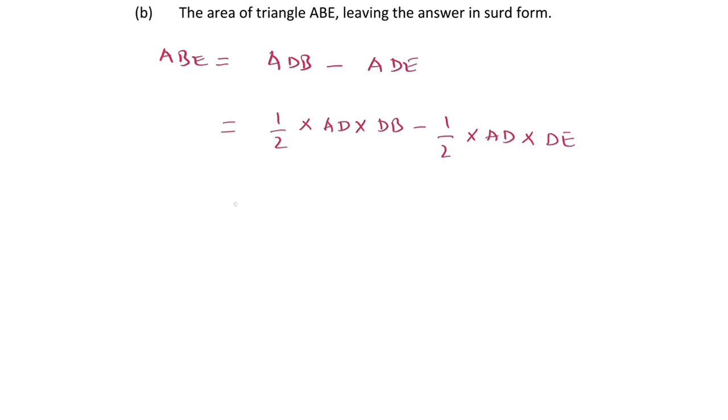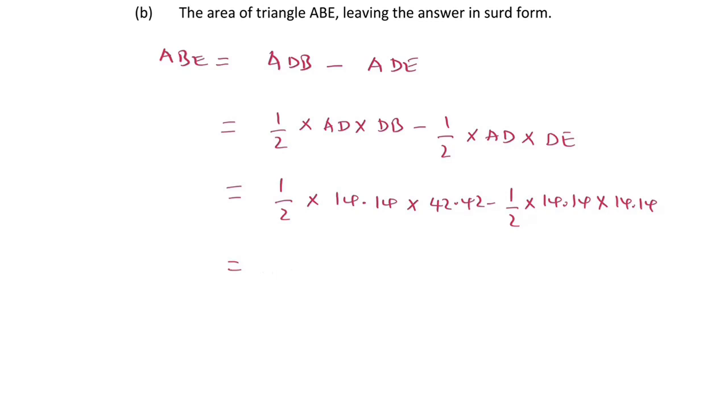Okay, so now let us substitute the values we have. Our equation is going to be 1/2 times 14.14 times 42.42 minus 1/2 times 14.14 times 14.14.